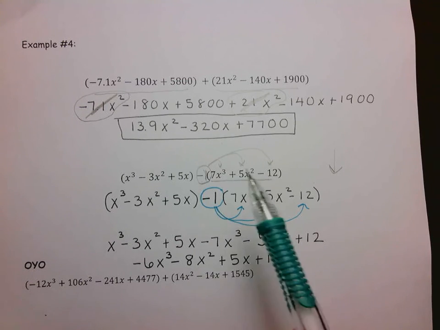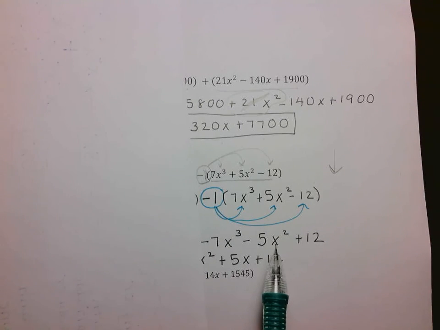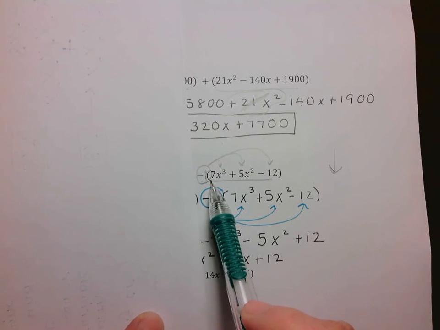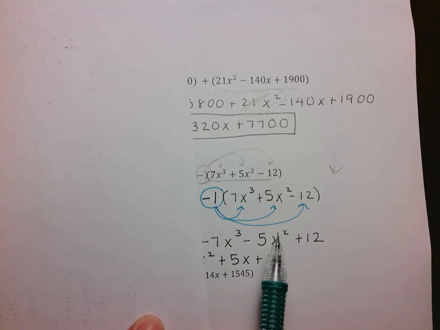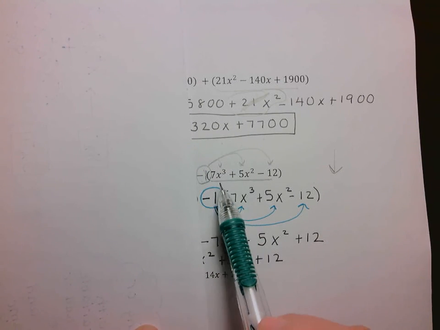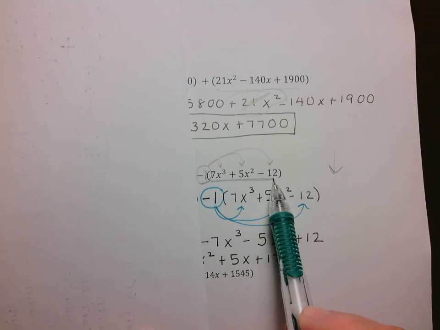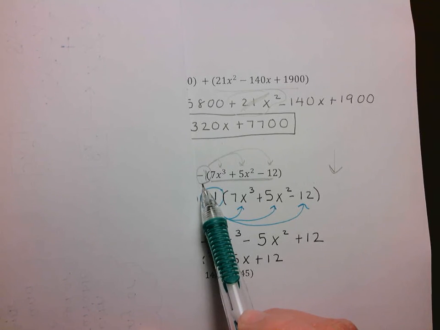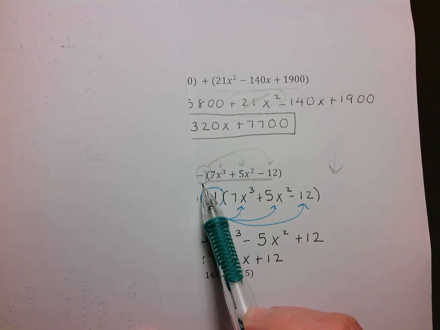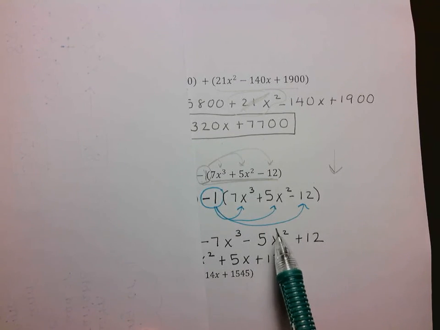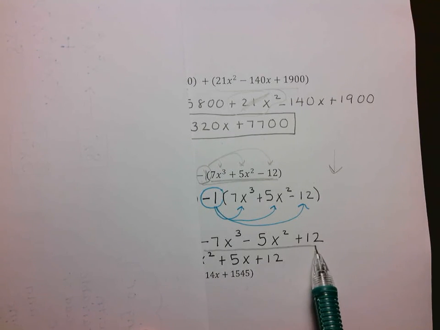Because if I were to cut off this polynomial here on the left-hand side and all you had was what's over here on the right, you can see I'm taking this entire polynomial and multiplying it by negative 1. Because order of operations says you have to do the multiplication first before you do addition and subtraction. So do your multiplication first, and this is what you end up with.